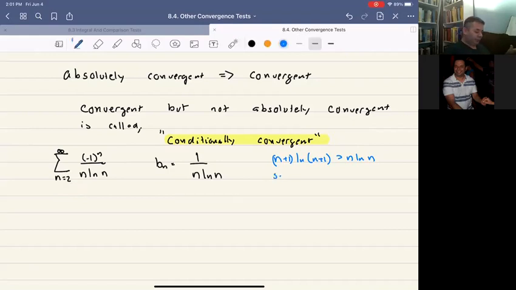So b sub n+1 is less than b sub n. Second, the limit as n goes to infinity of b sub n equals 0. So our alternating series converges.